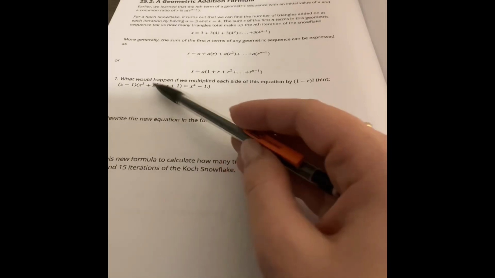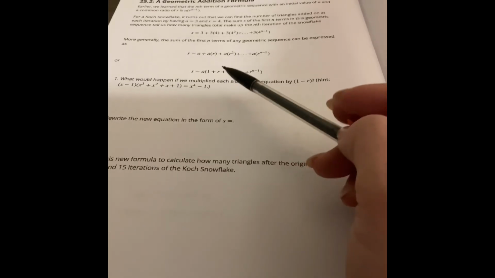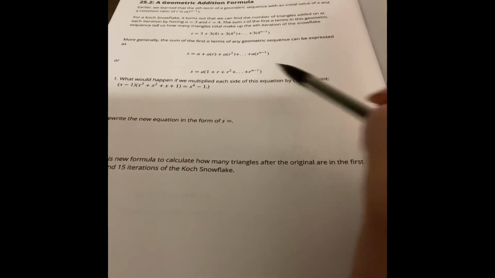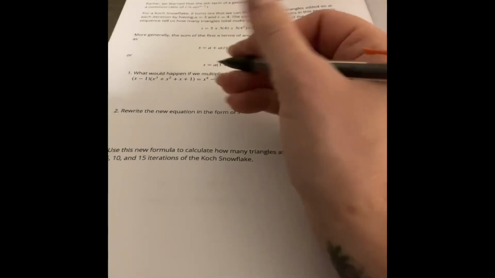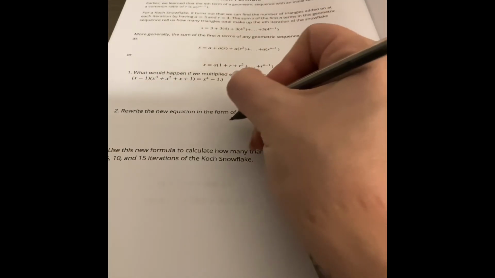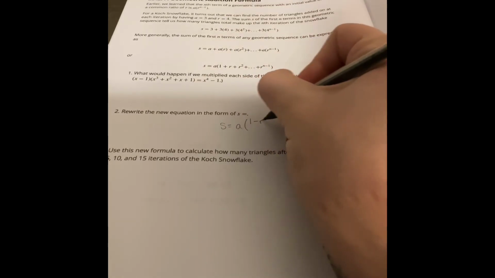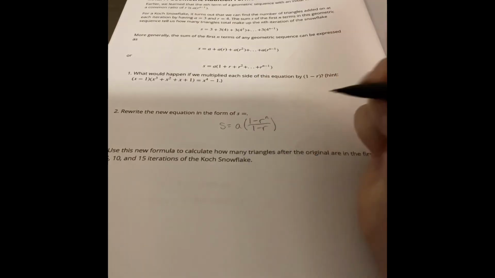So if you did a 2 by 4 box with that, you would just end up with x to the 4th minus 1. If you multiply both sides by 1 minus r, it's going to be something similar to this where it's going to cancel. The new equation is called the geometric sum formula, and what it's going to simplify to is S equals A times 1 minus r to the n over 1 minus r.